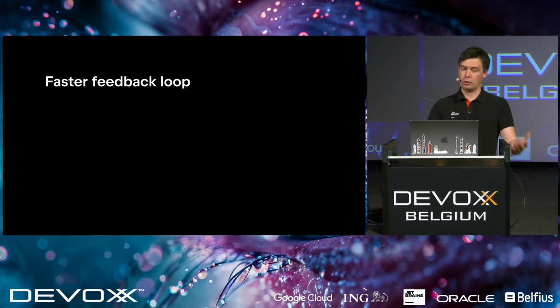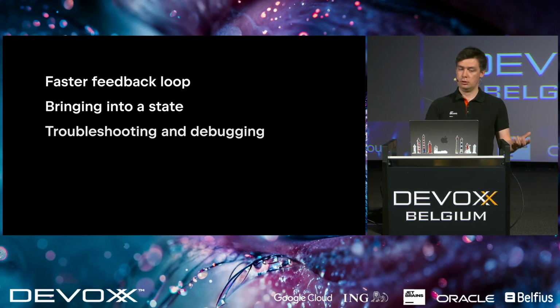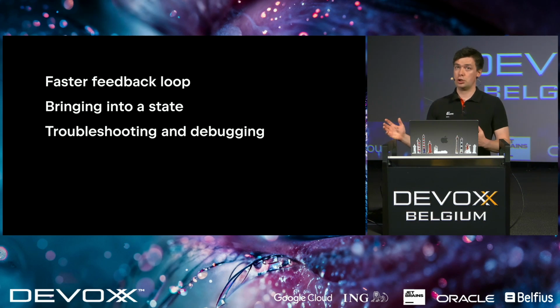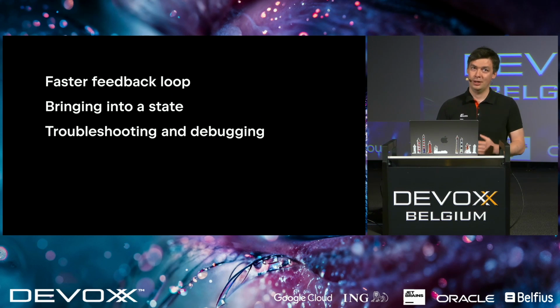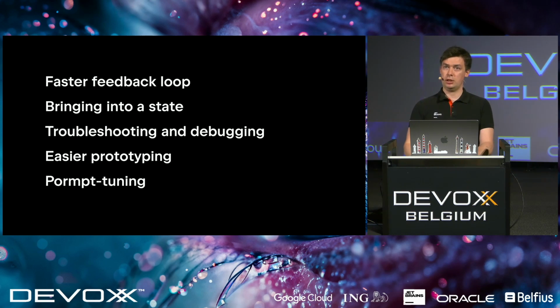It provides you a faster feedback loop. You can easily bring the state you need, do troubleshooting and debugging in production if your security teams allow you to put it in production. And it's easier for prototyping, some prompt testing, tuning, and so on. So quite a lot of different applications.